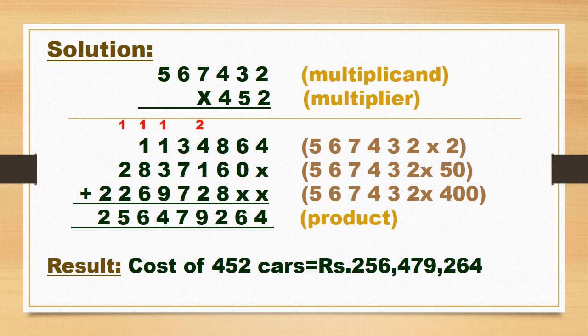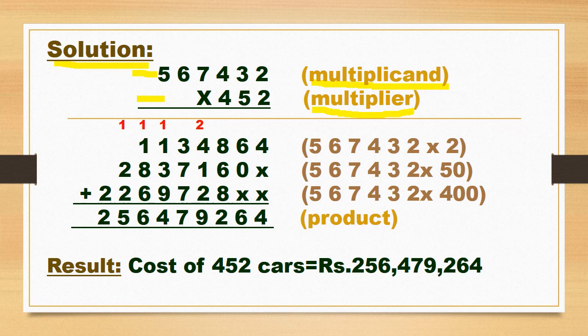Now in this slide we have to do the solution of the given word problem. Multiply 567,432 by 452. First write the multiplicand, that is 567,432. Then multiply it by the multiplier, that is 452.